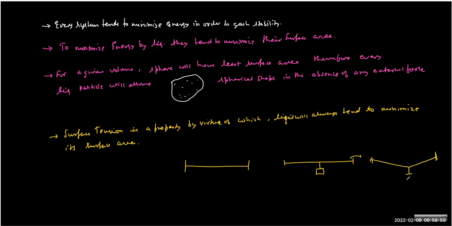And when you deform this thread, then the thread will have some tension force, isn't it? So the tension is only developed when you deform it, not when it is at its natural length. Only when you try to deform the length, it is developed.